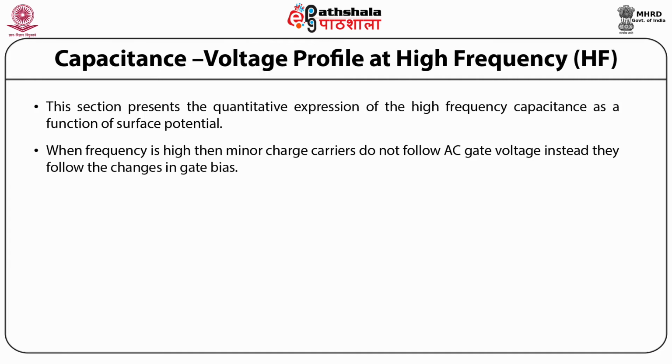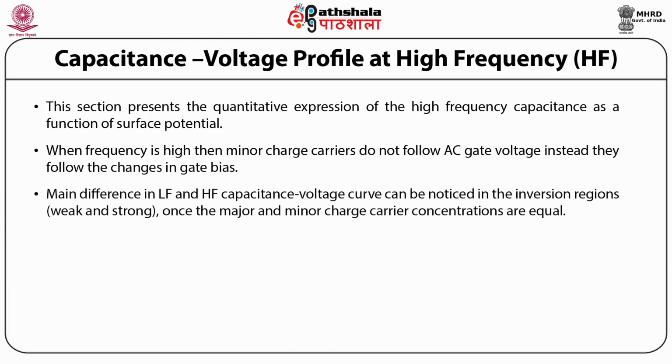Instead, they follow the changes in gate bias. The main difference in low frequency and high frequency capacitance voltage curves can be noticed in the inversion regions, that is, weak and strong.